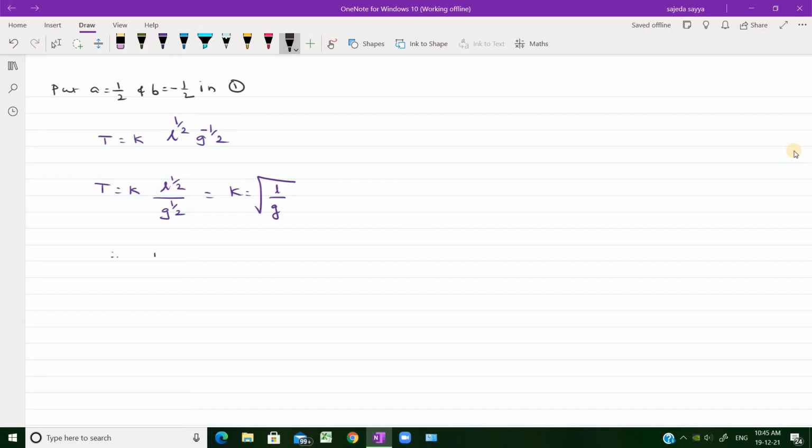Therefore, the time period of simple pendulum can be written as T equals K into square root of L by G. This is the time period of a simple pendulum.